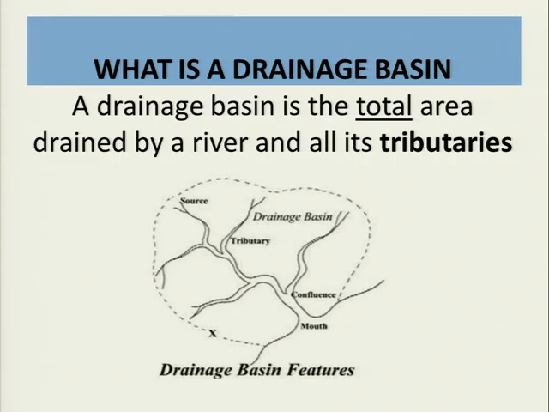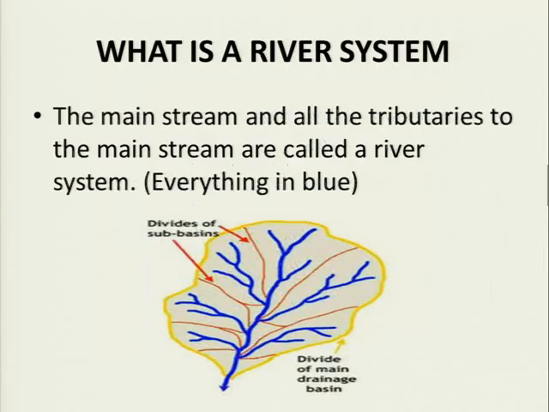The whole area in between, meaning the river, the source, the mouth, the interfluve, the higher lying areas, everything in between is the drainage basin. Whereas the river system is only the tributaries and the main stream. In other words, only the water parts is the river system.